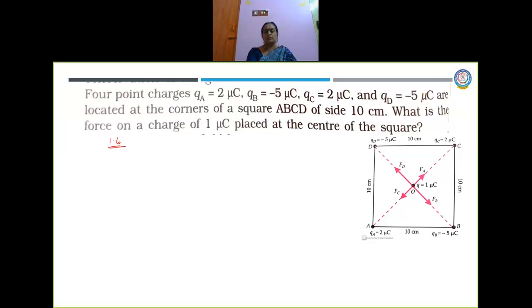Now we are going to use Coulomb's law for this. I am going to consider each and every charge separately. First, to start with, look at this diagram.